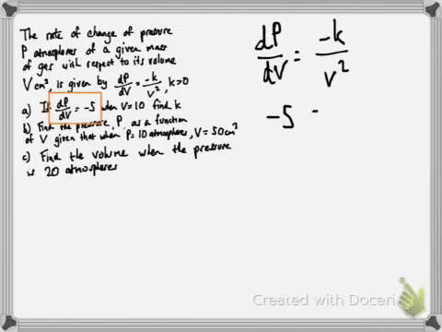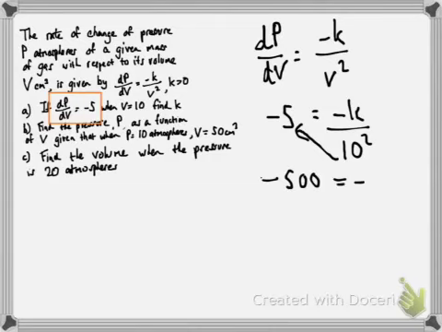So -5 equals negative K over 10 squared. That will enable us to find K. Multiply -5 by 10 squared, we get negative 500 equals negative K, which of course means that K equals 500. So we've found the answer to question A. It's 500.